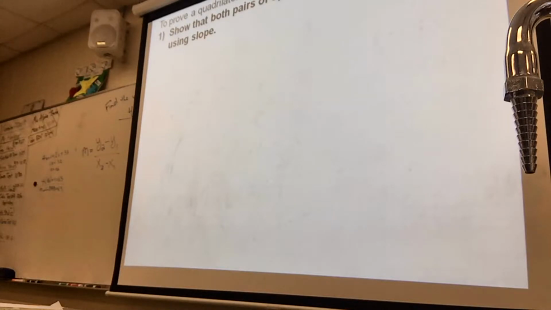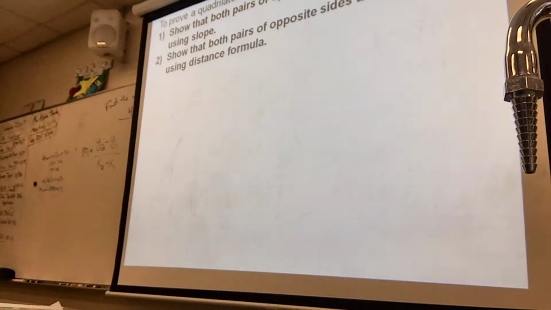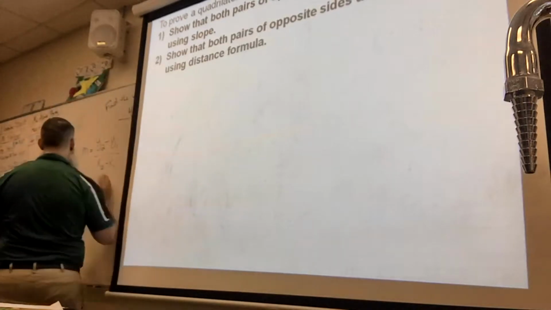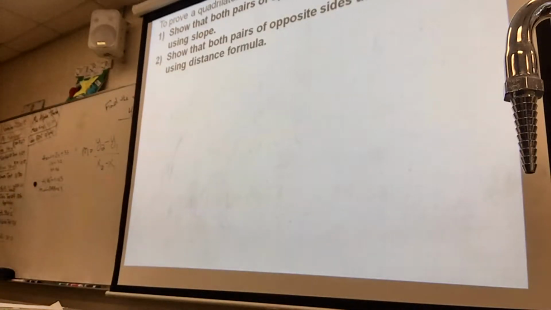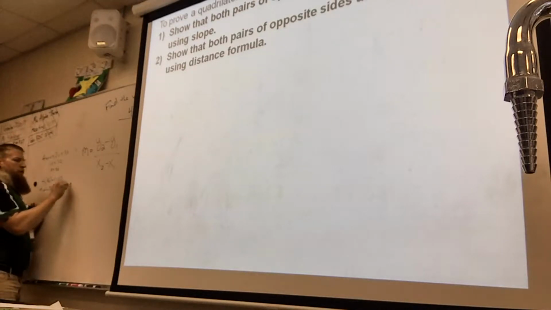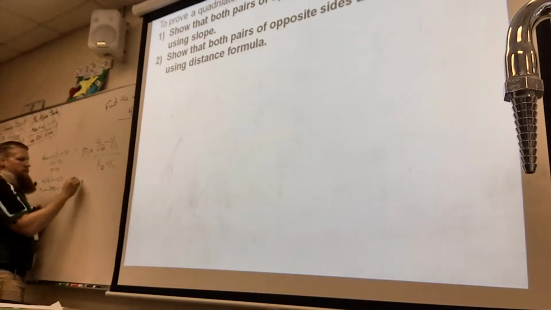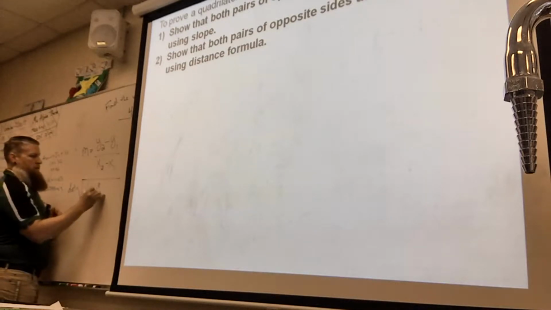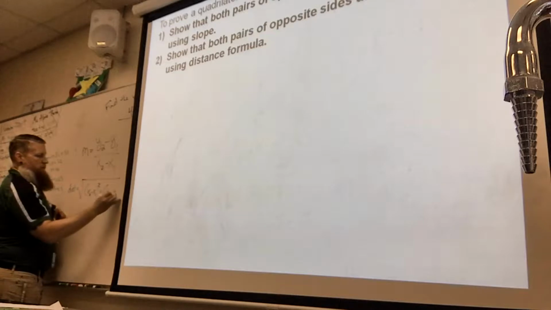All right? Then the other way to do this is, you want to show the opposite sides are congruent to each other, but not necessarily all 4 of them being equal. In this case, you would have to use distance formula, which, if you remember, is just Pythagorean theorem, so you can do it with Pythagorean theorem, a squared plus b squared equals c squared.